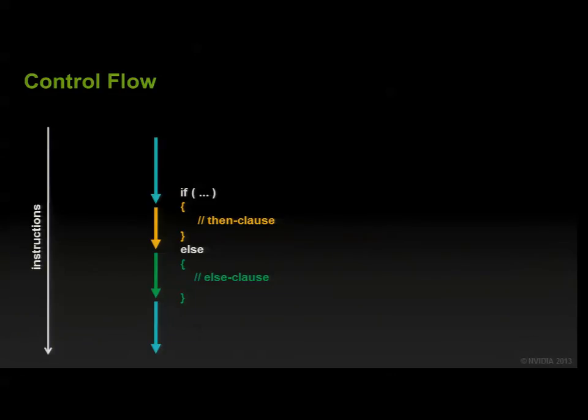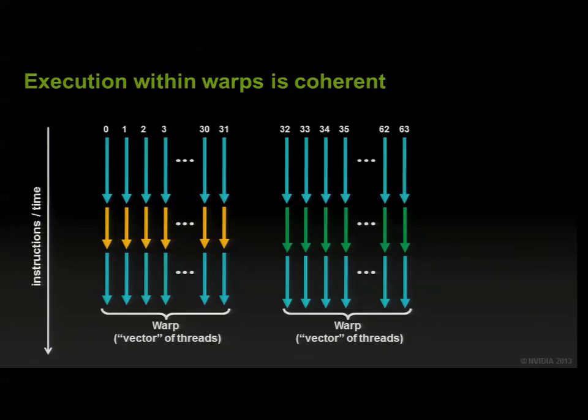So, for instance, here we have our control flow, and we hit an if, and so there is a then clause, and then there is an else clause for colors in green. So now that we're not having a single instruction, but rather an entire warp of threads that execute in lockstep, well, these 32 threads will process, and then they hit the if, and so they go through the true branch.